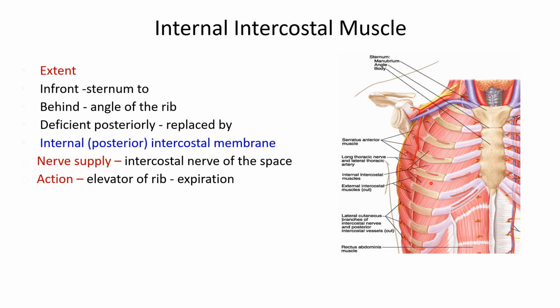The nerve supply is the intercostal nerve of the space. The action of the internal intercostal muscle is elevation of the rib in expiration. The external intercostal is elevation in inspiration. The internal intercostal is elevation in expiration.